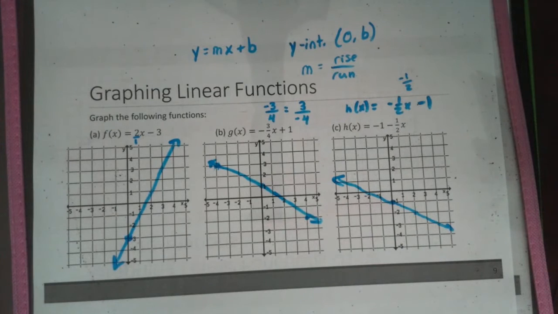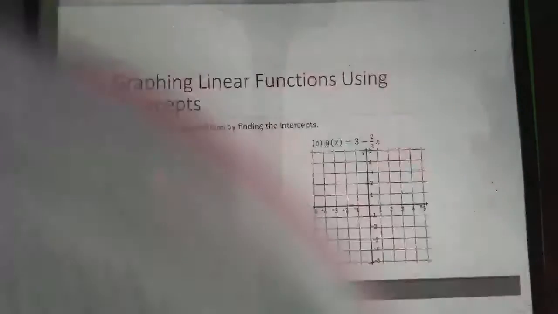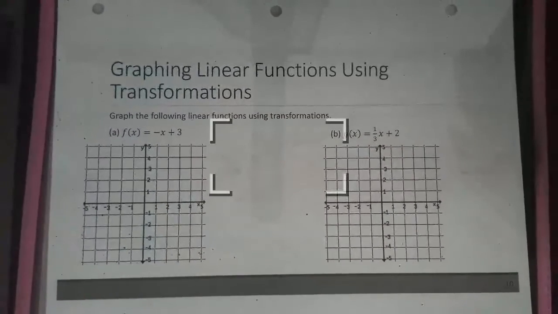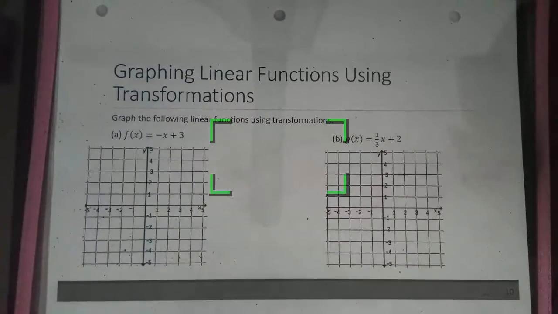This tends to be a favorite way to graph because looking at the equation, there's not a whole lot of trickery with it. You just have to follow the steps. But it's not the only way we can graph. We can also graph linear functions using transformations. So we were talking about transformations in section 1.5 with our reflections, our stretches, our compressions, our shifts.